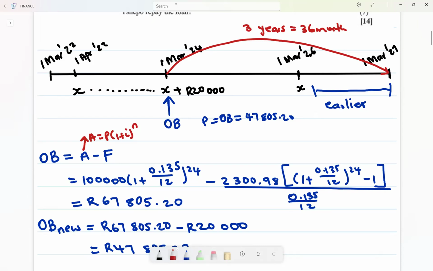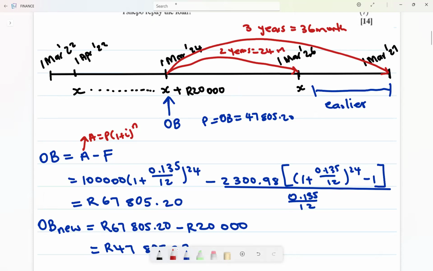But now, after taking out the 20,000, it affected the number of years he's gonna pay. So after making the 20,000 payment, he then continues to make those payments and finished paying it after 2 years, which is 24 months.